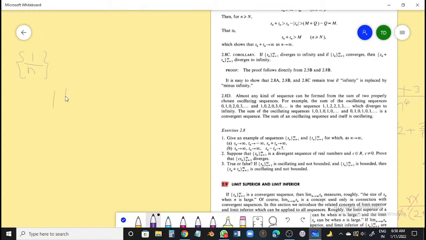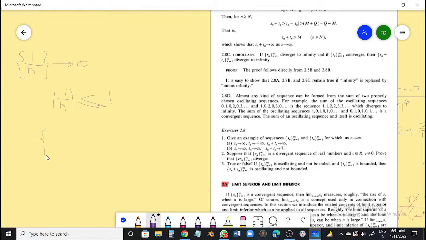The modulus of 1 by n is always less than or equal to 1. The maximum value is 1. Actually this sequence converges to 0, we all know, and every convergent sequence is bounded, this also we know.